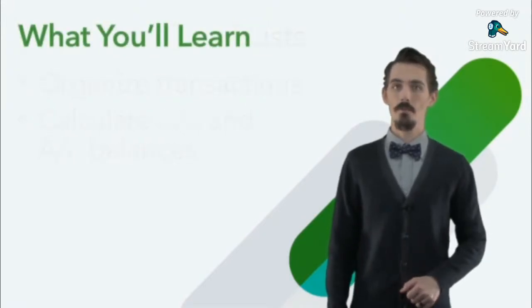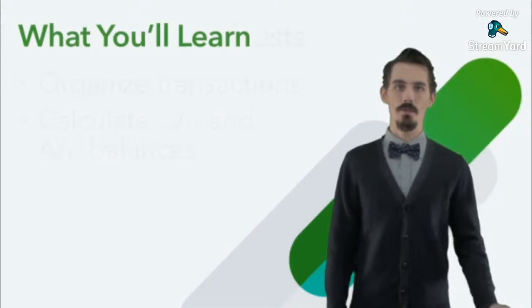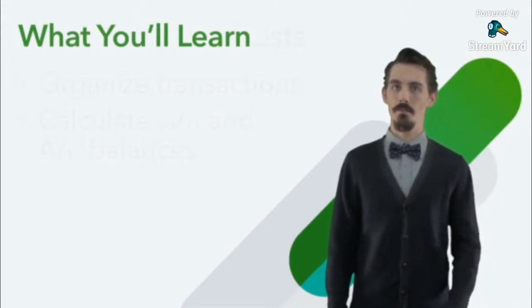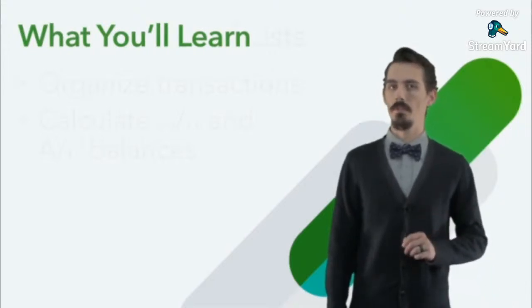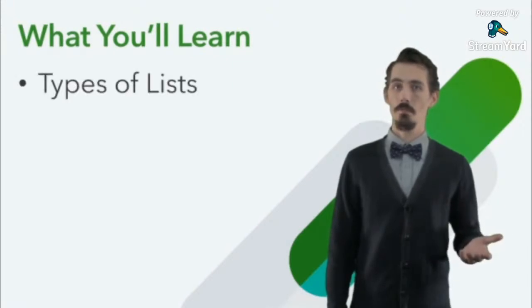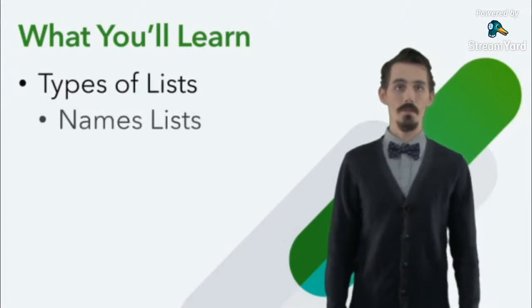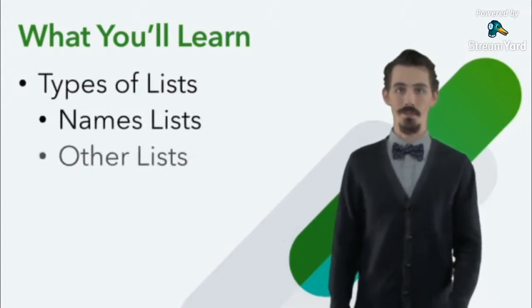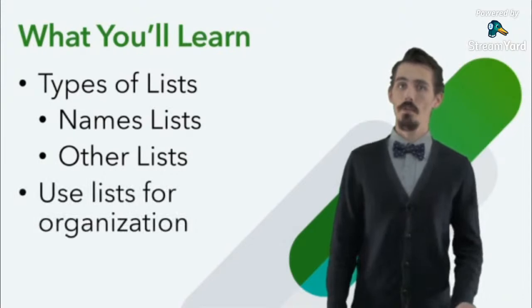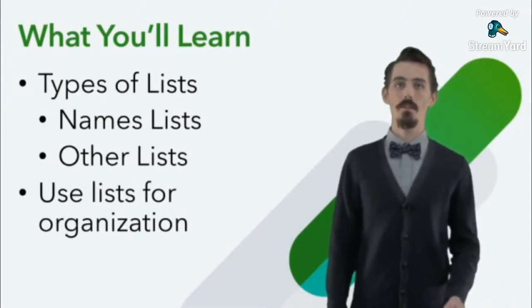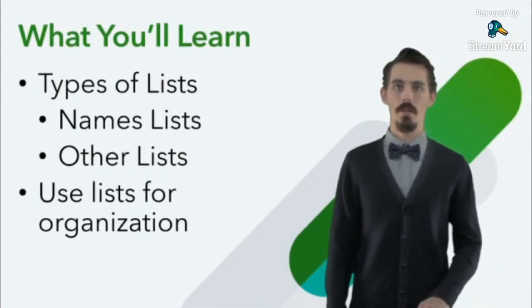Throughout this chapter, you'll learn about the benefit of using lists and how to customize them to best fit your business. First, you need to learn about the two types of QuickBooks lists. There is the names list, and there are other lists. After that, you'll discover how names lists help you organize the people and businesses you work with.